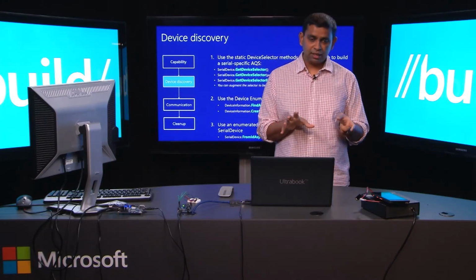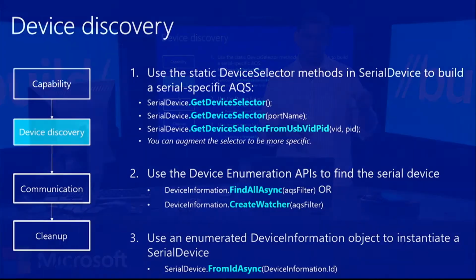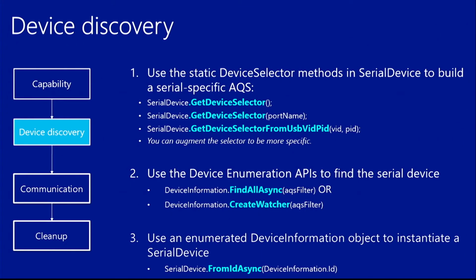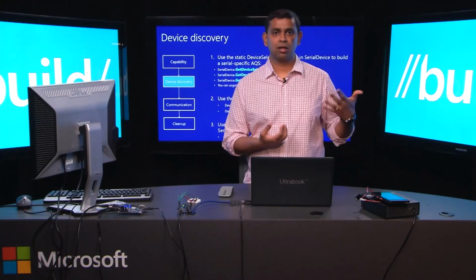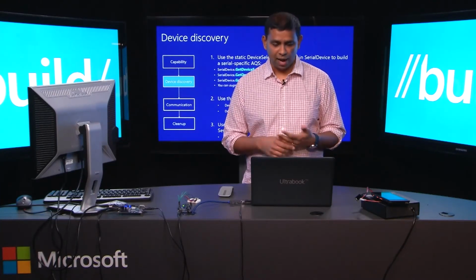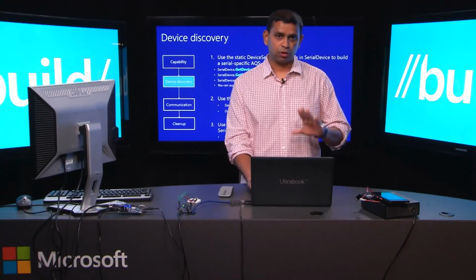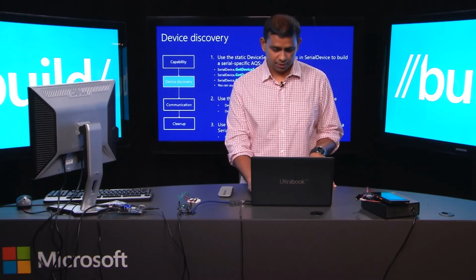And then finally, you can walk through the list of device information objects or find the one you're interested in and actually open the device, which in WinRT is by calling from ID async. And from ID async under the covers essentially just opens a handle to the device and gives you back an object that you can start using in your app. And of course, you can use that to send I/O to the device.